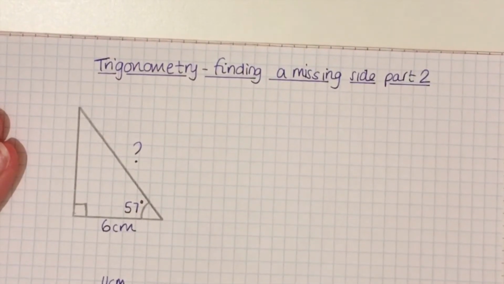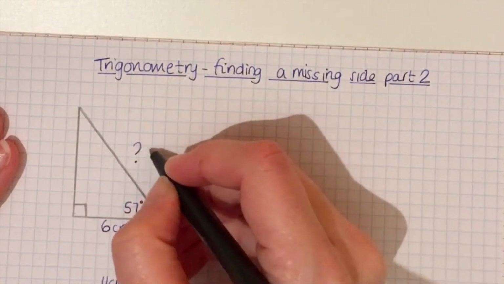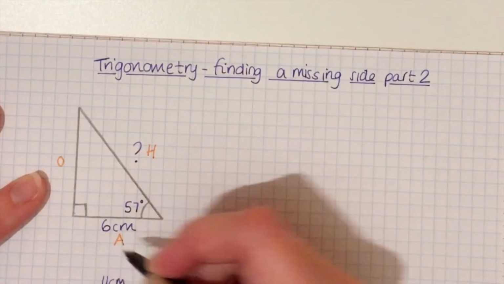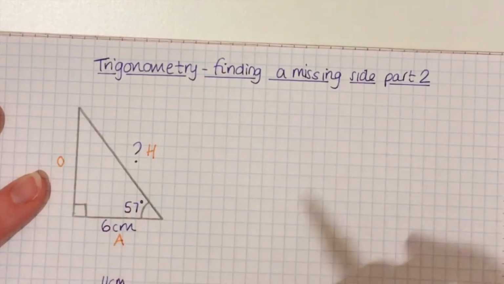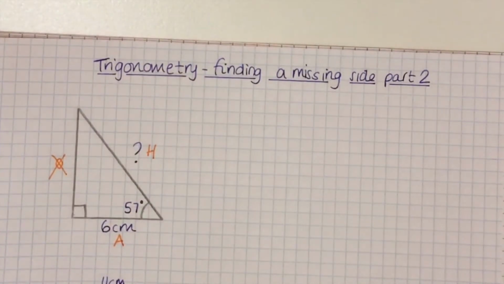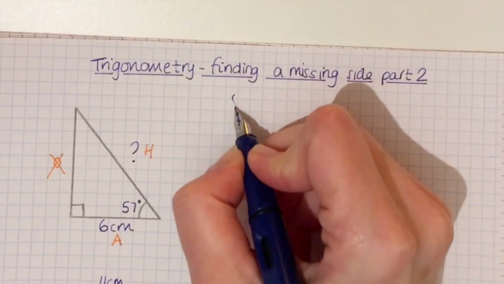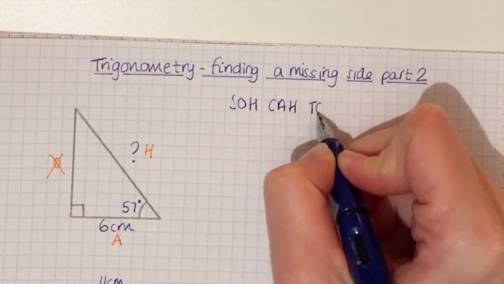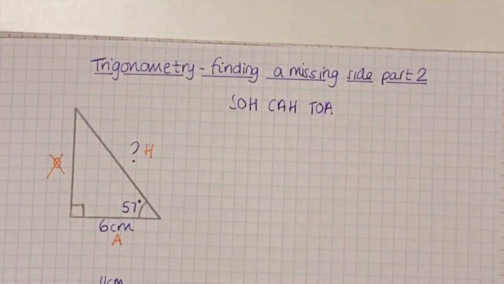So you should all be familiar now with how to start off. We label the sides. Remember, this is H, O and A. We get rid of the side we're not needing, and in this case it's O. So we've got that all-important word that we need to remember every time we do an exam paper, SOHCAHTOA.